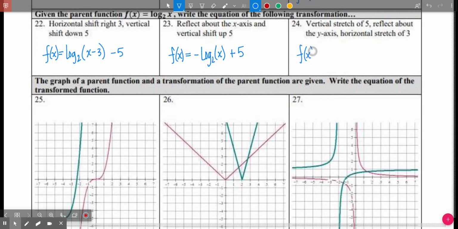In number 24, I have a vertical stretch by a factor of 5, a reflection about the y-axis, and a horizontal stretch of 3. So horizontal is opposite, so this is negative 1/3 x on the inside of my log.